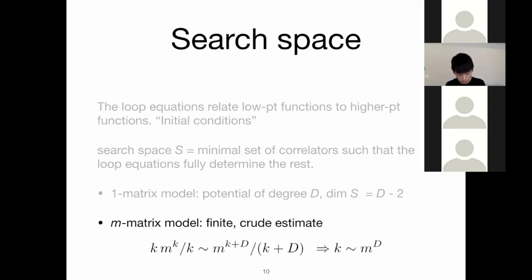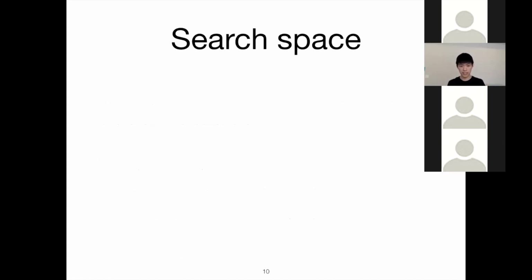However, the number of loop equations at a given degree k is not just the number of correlators, but it's actually k times that. And the reason is, when we explained the loop equations a minute ago, you saw that we could enter the blob using any one of the vertices, any one of the edges, and we would get a separate loop equation, right?